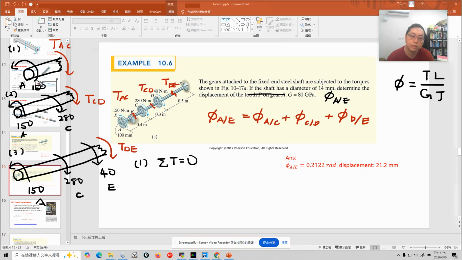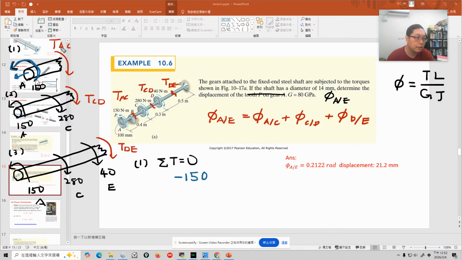What is the sign for this torque? Use the right hand rule. The torque rotates in this direction, so using your right hand rule, the thumb points in this direction, which is inward to the surface. Our cut surface is here, so this direction is inward to the surface, so it's minus 150.